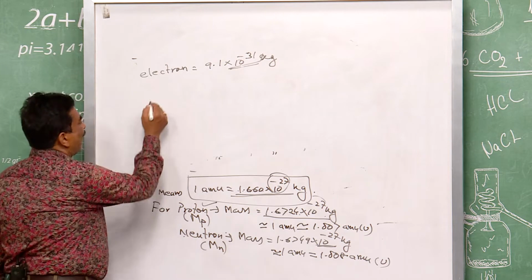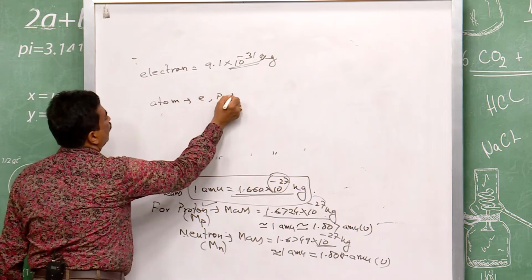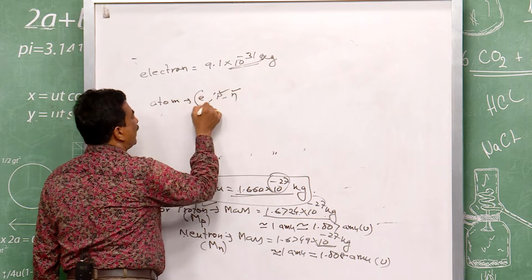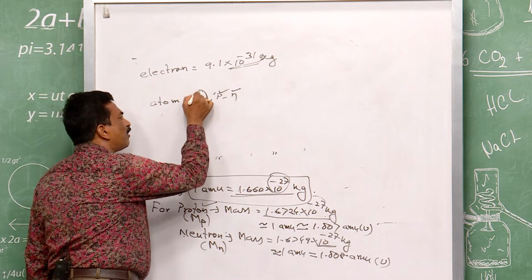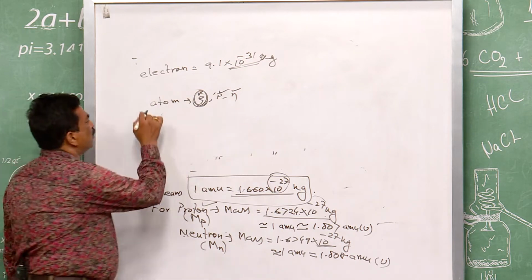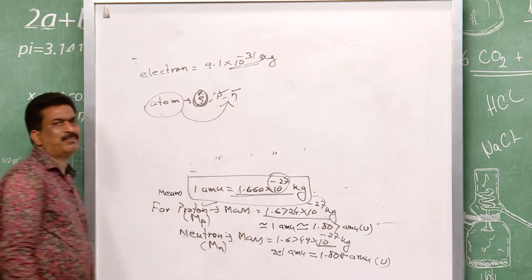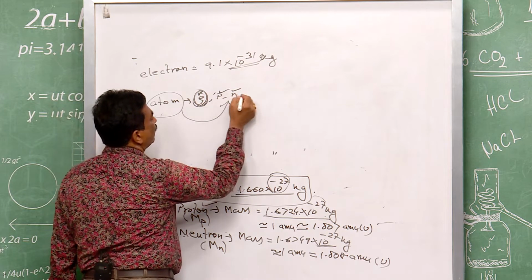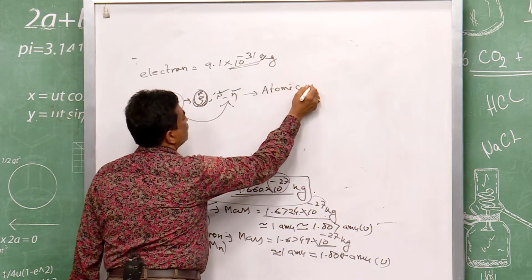Therefore, the atom consists of electron, proton and neutron. The proton and neutron mass in comparison with the electron is very high. Therefore, the electron mass can be neglected. So the total mass is nothing but the mass of the proton plus the neutron, and that is the atomic mass.